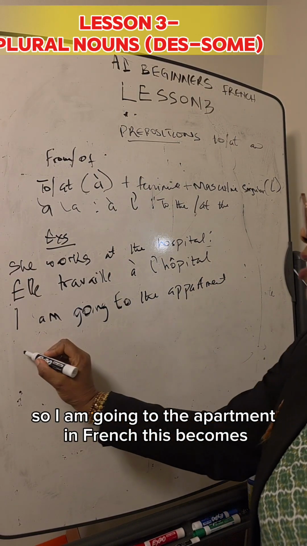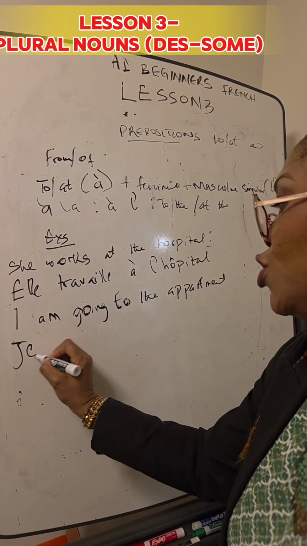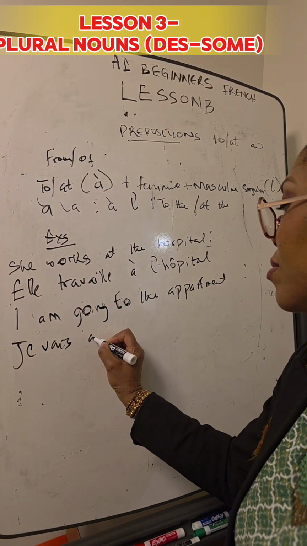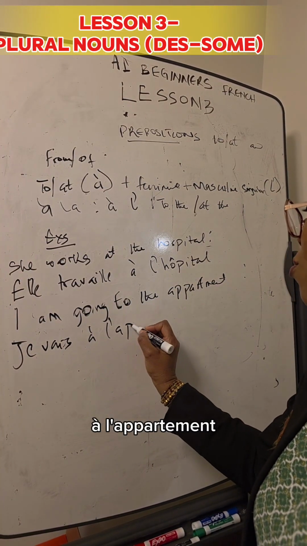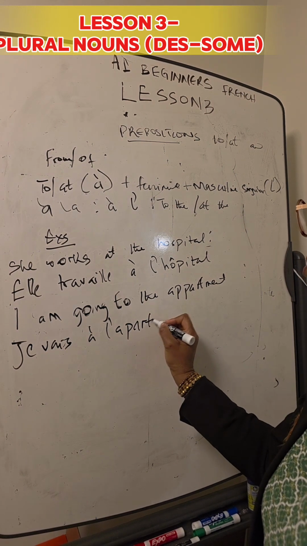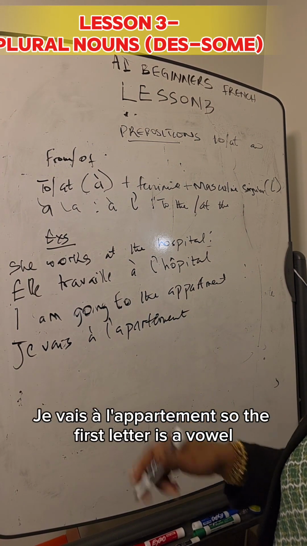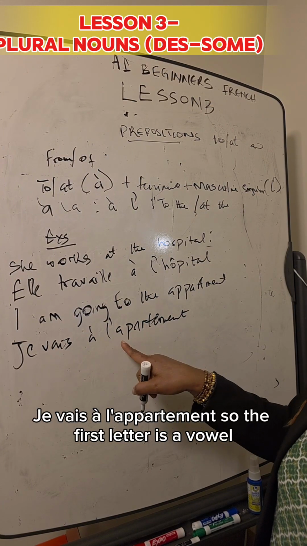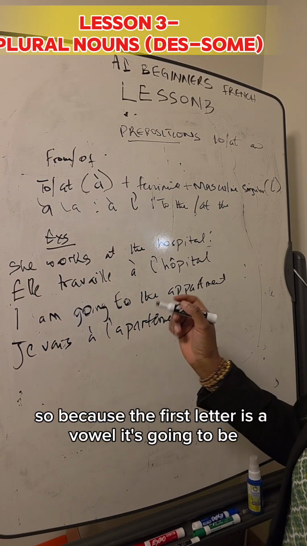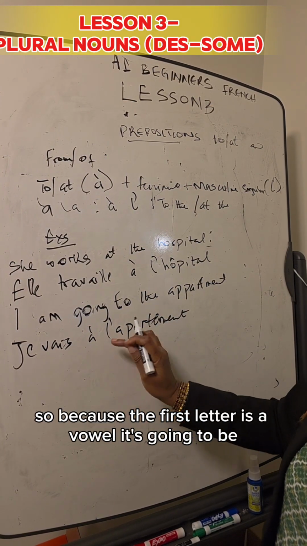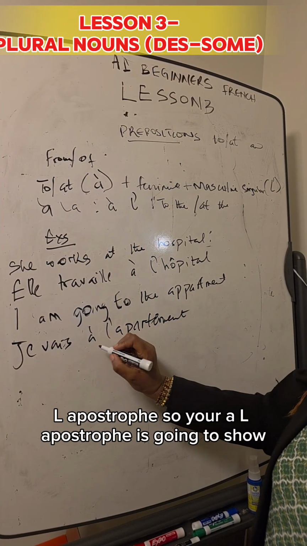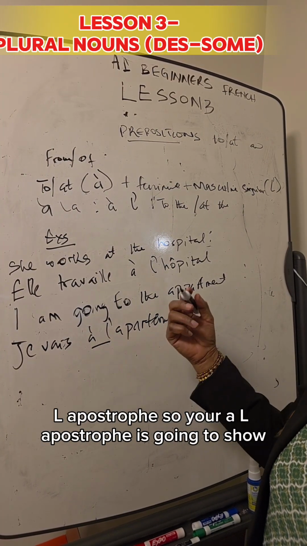In French, this becomes je vais à l'appartement. Je vais à l'appartement. So the first letter is a vowel. So because the first letter is a vowel, it's going to be L apostrophe. So your L apostrophe is going to show.